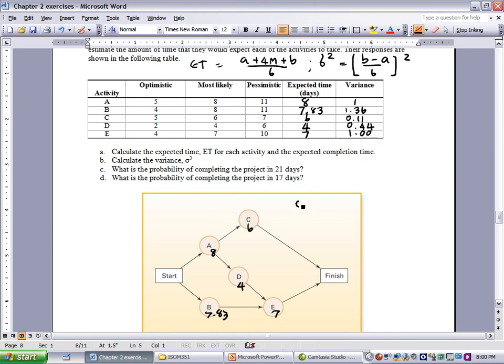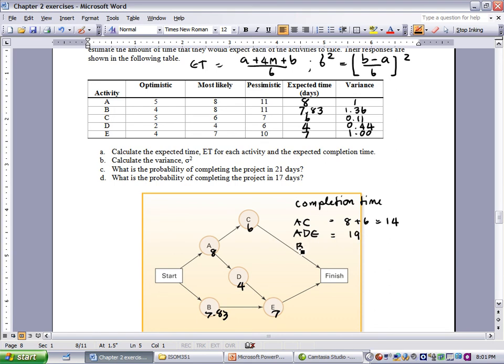So we have AC, 8 plus 6 is 14. ADE, 8 plus 4 plus 7, is 19.